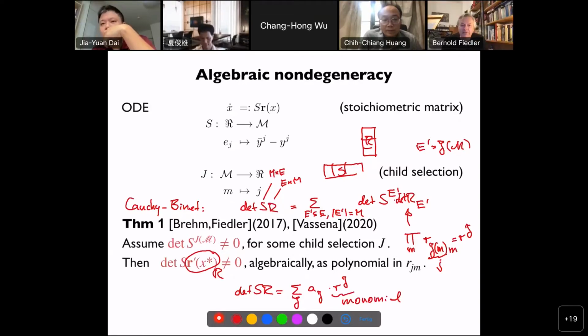This is how the child selections enter into these theorems. And there are more or less complicated ramifications in other settings, okay, which I will not go into. Okay, that was a little fast maybe, but it's just the Cauchy-Binet formula, which you can prove by alternating forms and so on, but I will not go into that.